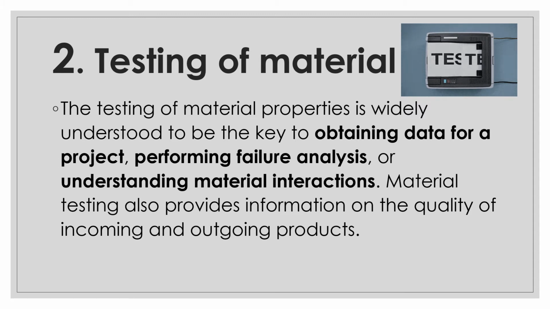So it means inspection, test equipment, and techniques are demonstrated for a wide range of materials and assemblies during the class. The purpose of the testing of material is it provides the participants with knowledge of the common failure modes.